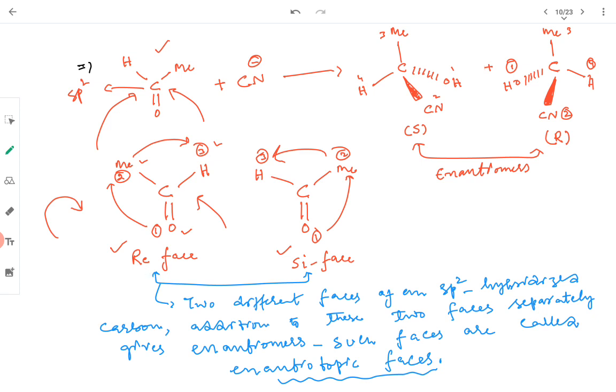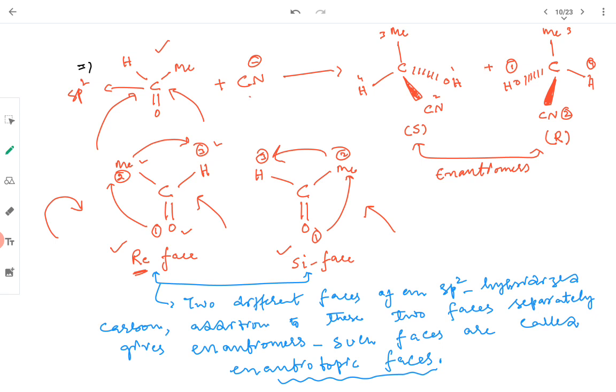Clockwise means R, but we don't call it R. For a molecule which has phases, we use different terminology. We use Re and Si. So it has Re phase, and this one is known as Si phase. So they are different phases, right?